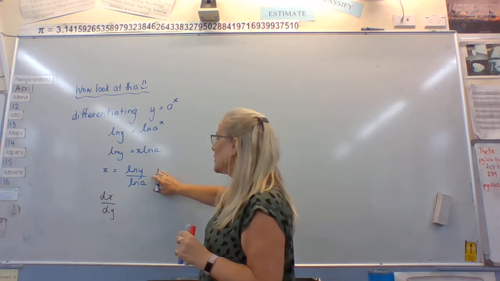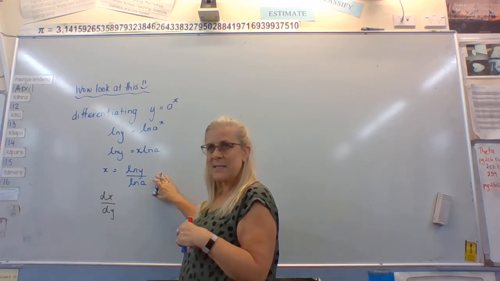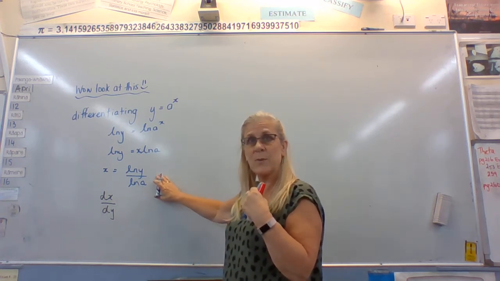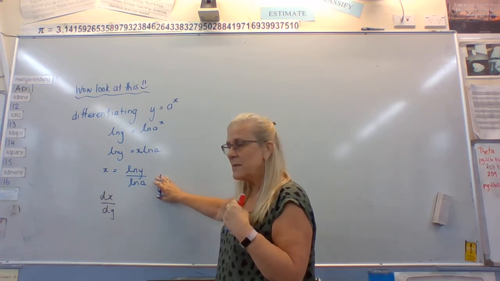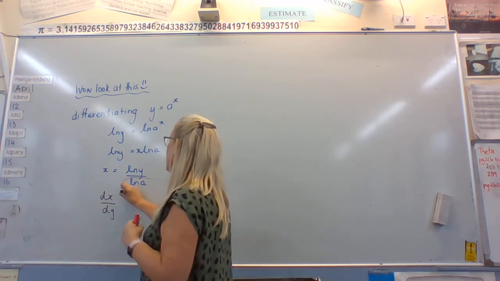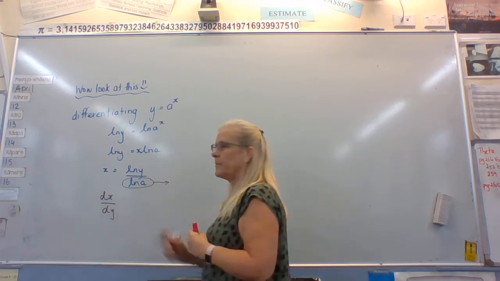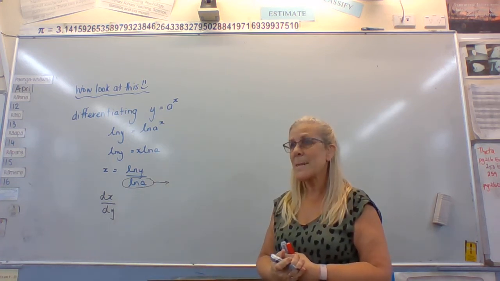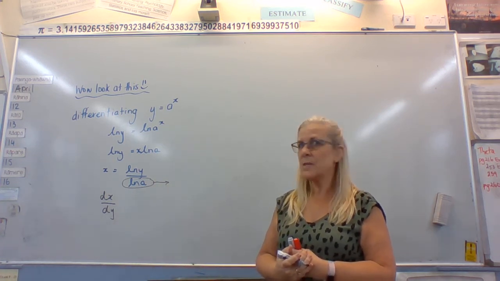So if we were going to dx by dy this, that means we're differentiating the things with y in it. But what is ln of a? It's a constant. It's a number. It's got no x's in it.